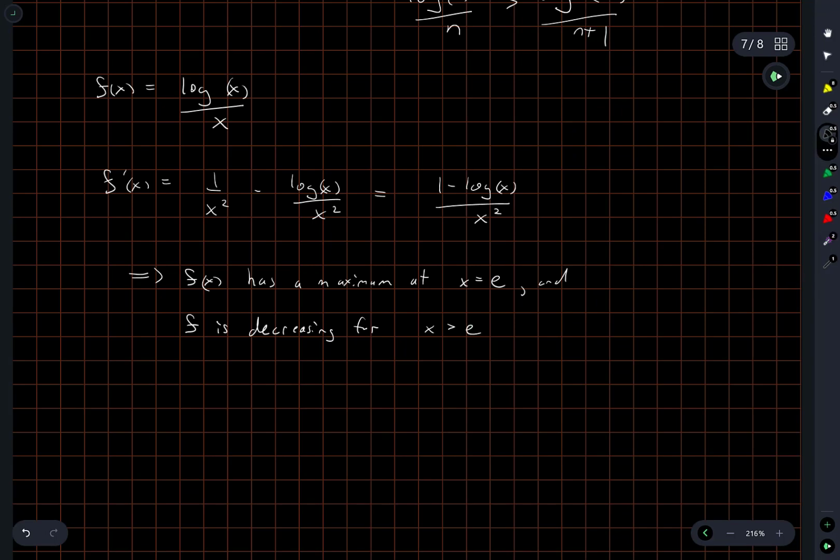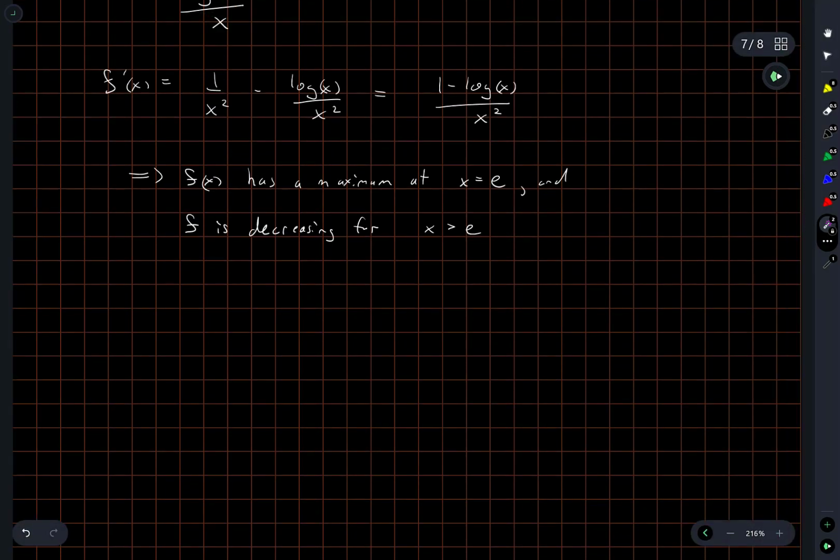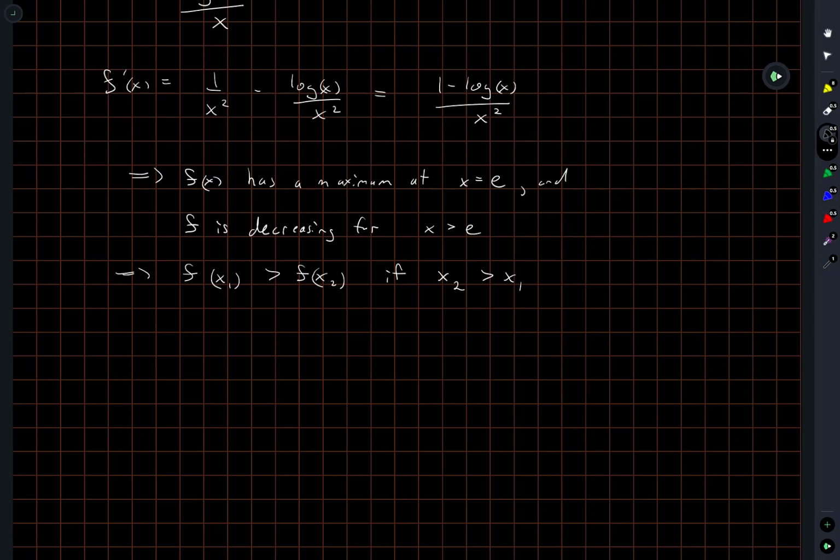All right, so if x is greater than e, the denominator here is always positive, the numerator here will be negative, so f is decreasing. And what does this say? This says that f of x1 is greater than f of x2 if x2 is greater than x1. Okay, this is what it means to be decreasing.